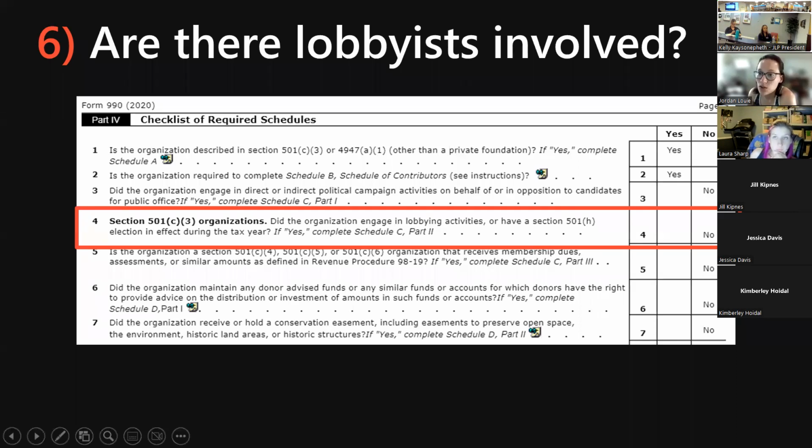You can elect for that threshold to be, I believe, up to $1 million for a certain fiscal year of lobbying underneath a 501c3. If it passes that threshold, you would want to look into a separate 501c4, where for lobbying activities you can spend 100% of your revenue. So for example, I give to Human Rights Campaign. Operationally, they defend LGBTQ people and persons, and they also do lobbying.